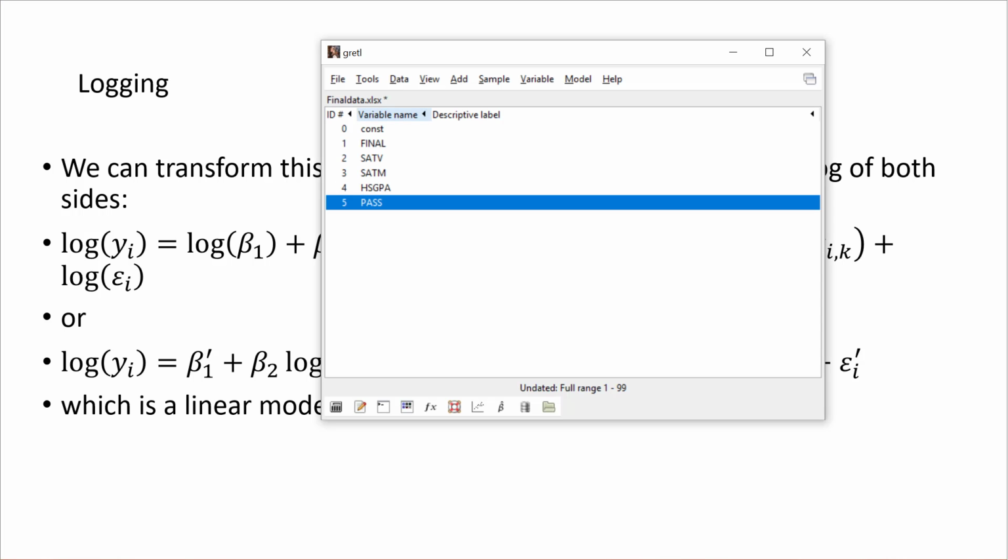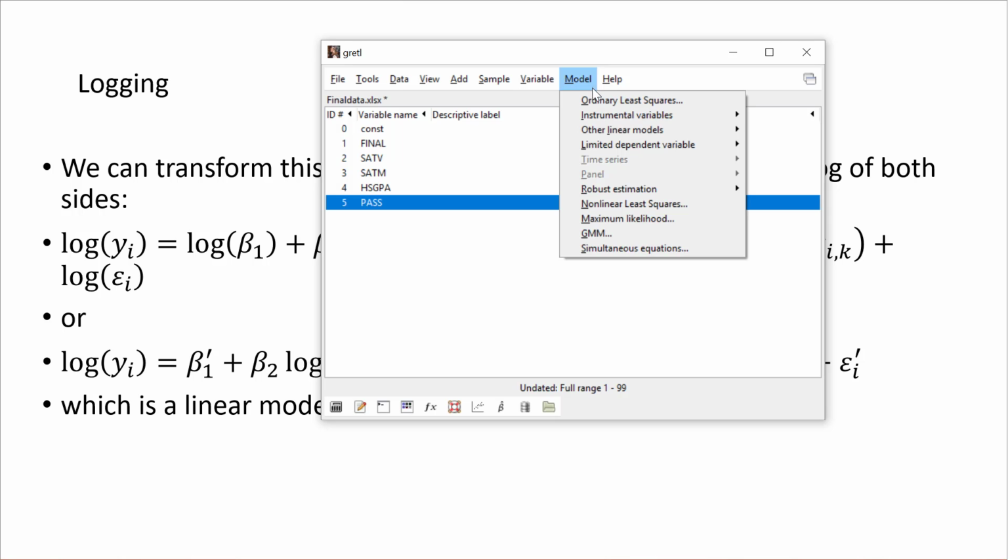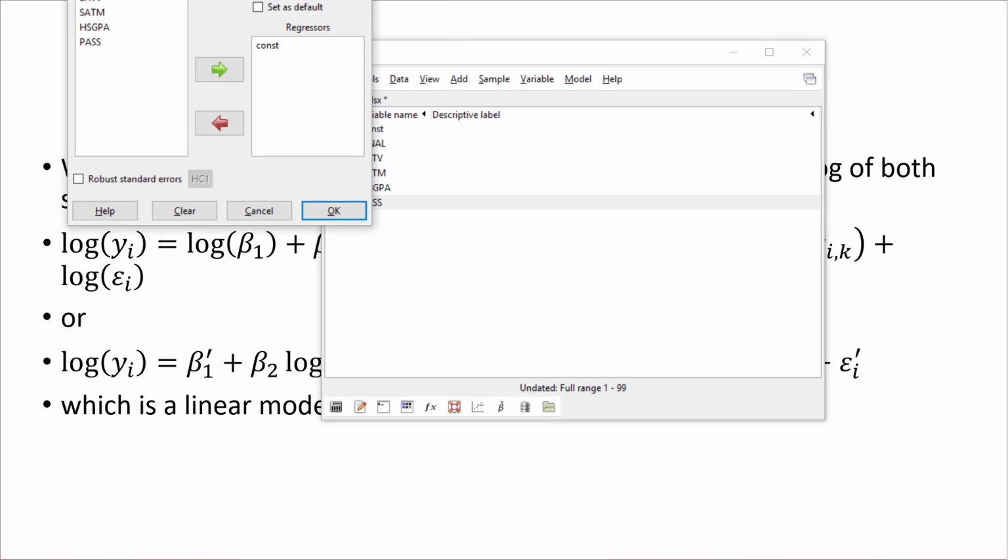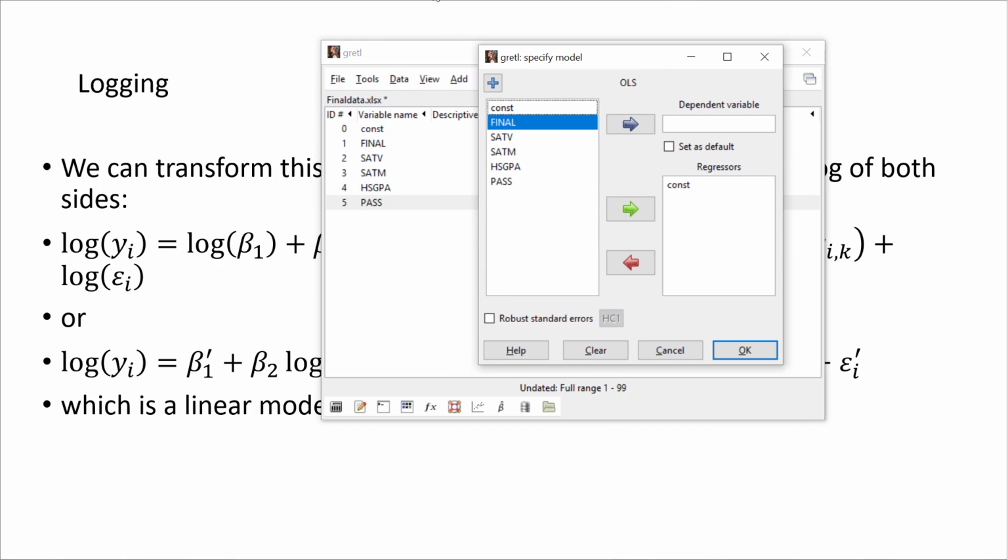So let's have a look at how to estimate the parameters of this log-log model in Gretl and EViews. It's pretty straightforward. We can use OLS, ordinary least squares. So let's say I want to do the model where final is my y variable and SATV, SATM, and the GPA are my x variables.